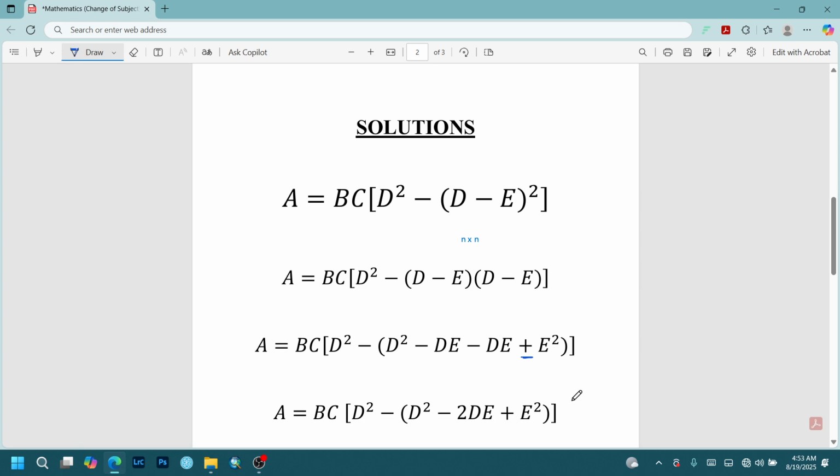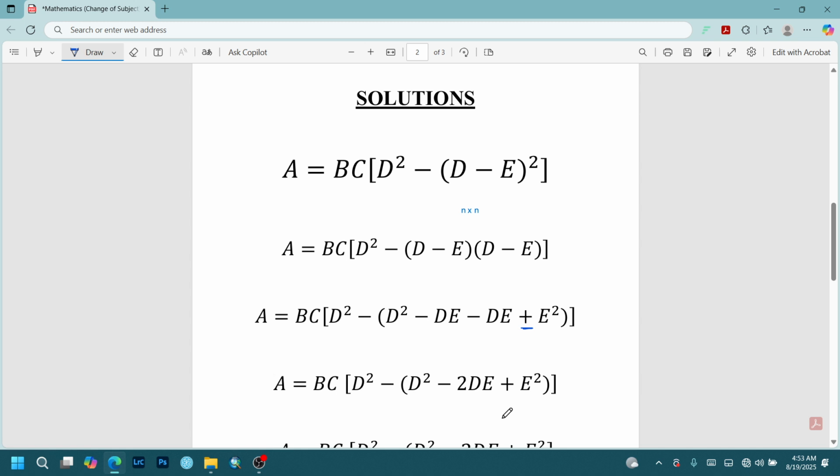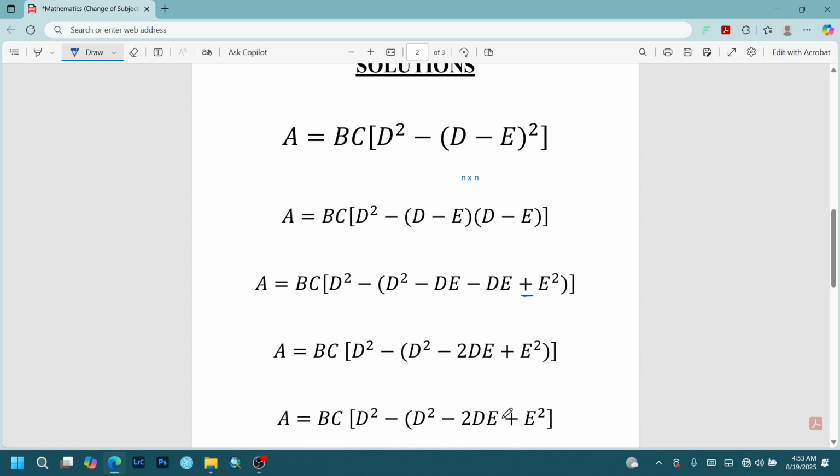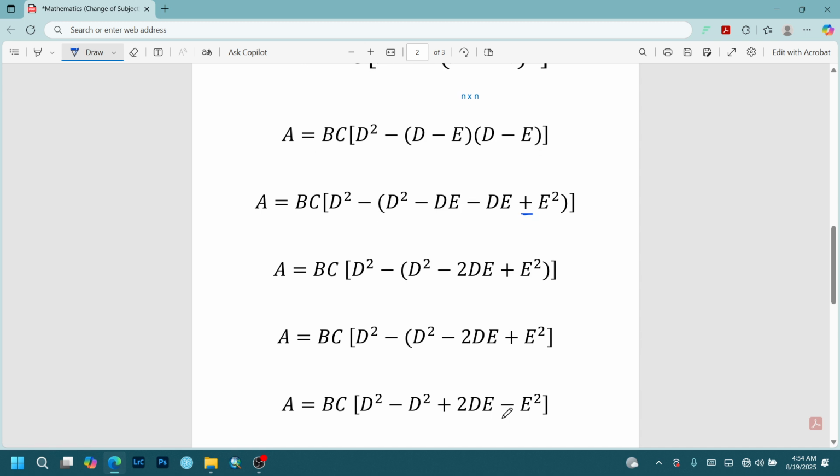In simplifying further, we are going to have A equals BC multiplying all in bracket D square minus D square minus 2DE plus E square. So we want to eliminate brackets.